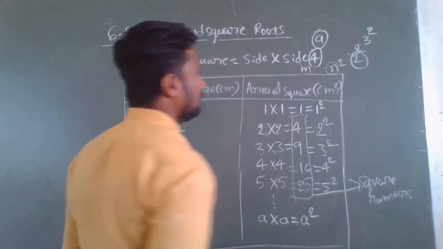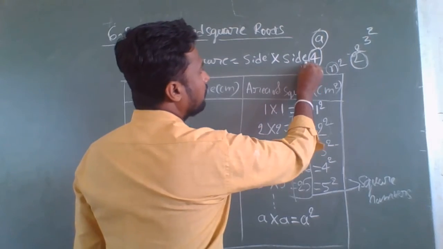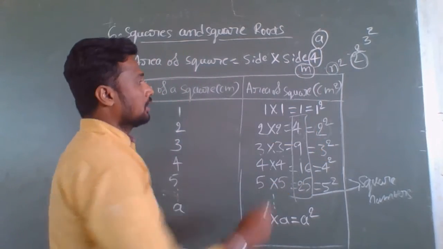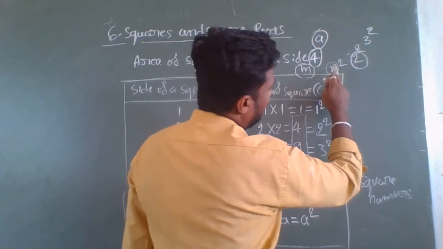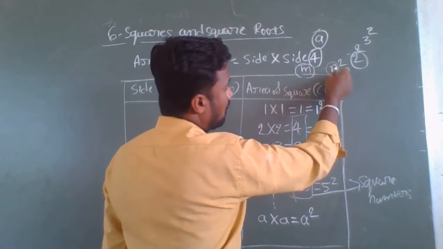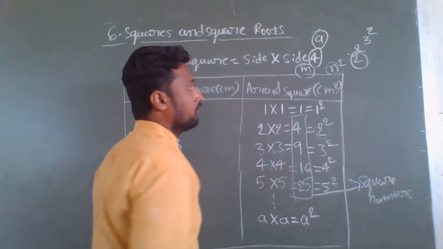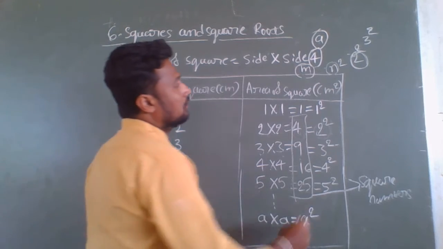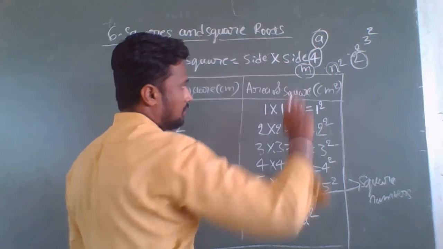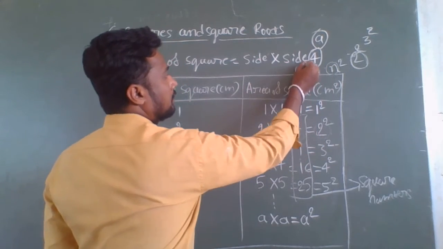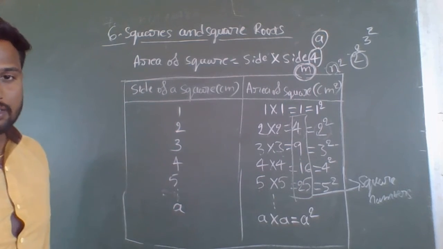Like this only, in general, in the textbook, if m is a natural number and can be represented in the form of n square, where this n is also a natural number, then m is a square number.